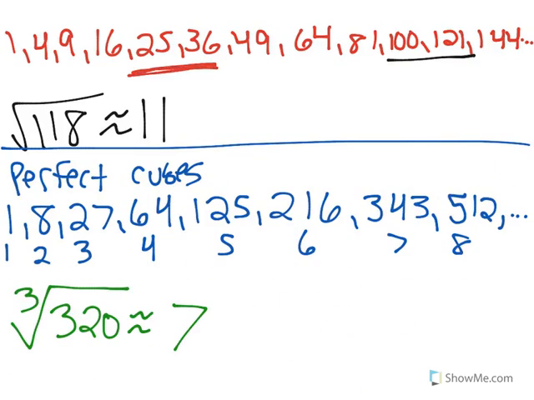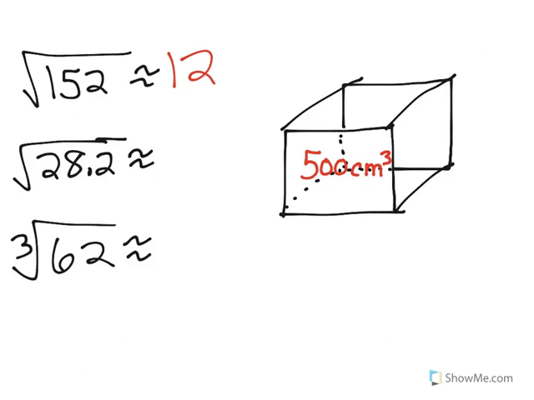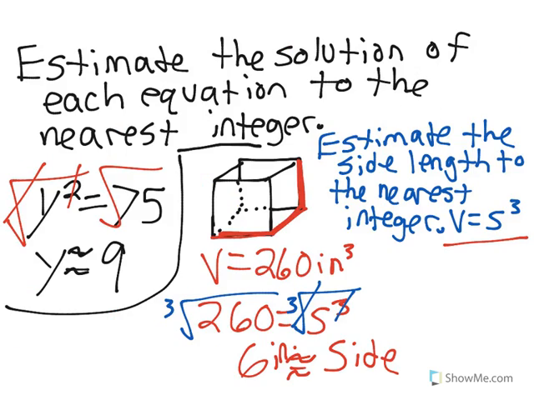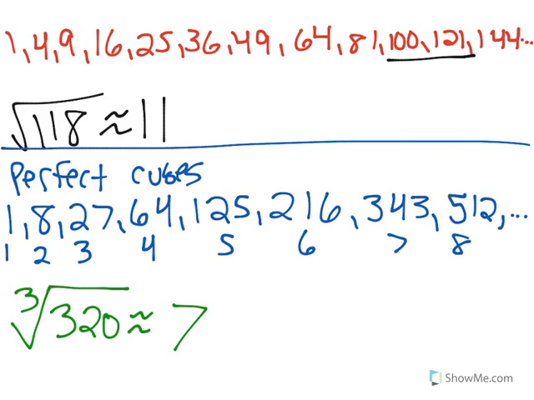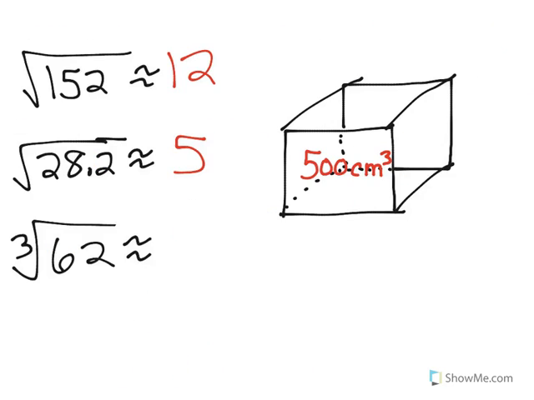So that one's going to be closer to 25, which means it's going to be approximately 5. It's going to be closer to 5 than it is to 6. Now, cube root of 62. I'm going to refer back to my mental list of those, and I see that 62 is really close to 64, definitely closer to 64 than 27. So that tells me the cube root of 62 is going to be 4.